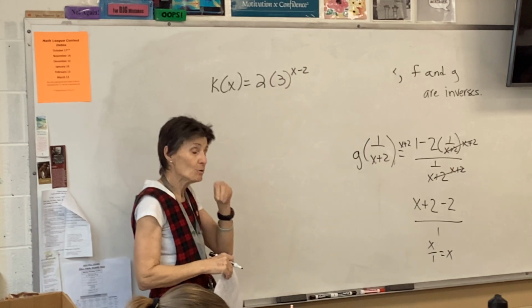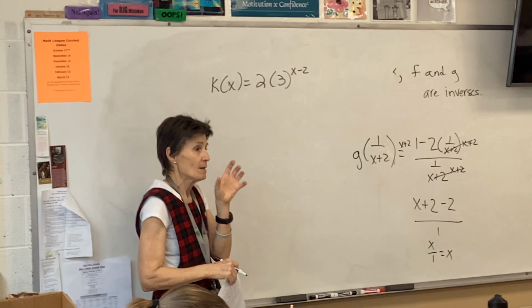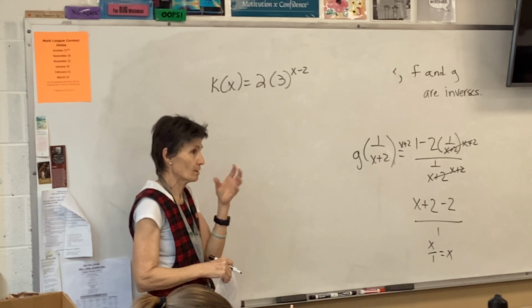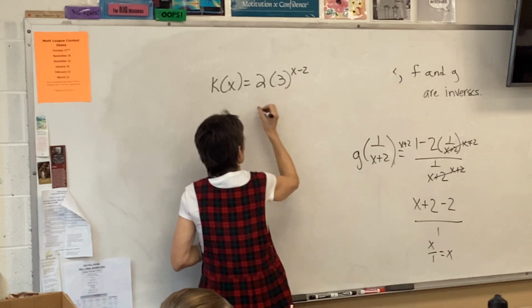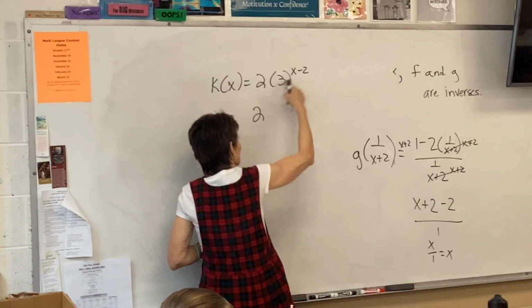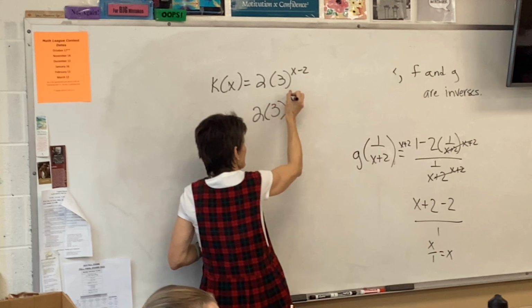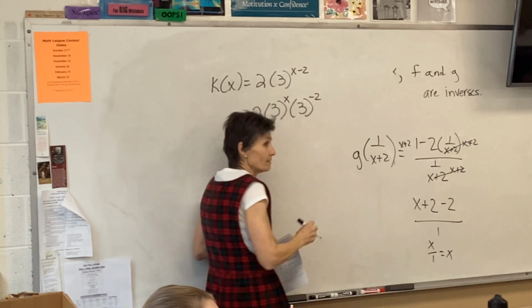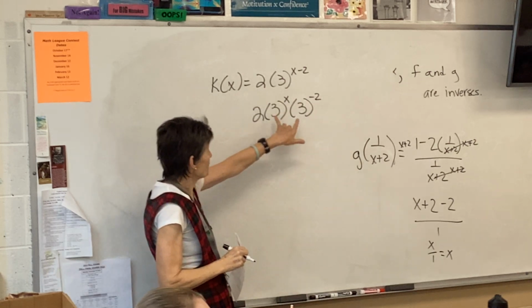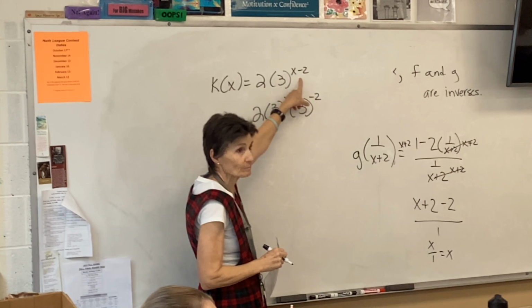Now, you want to come up with the same exponential, but you don't want it to have a horizontal translation in it. So remember that this thing can be rewritten as 3 to the x times 3 to the negative second, because when these are multiplied, their exponents are added.